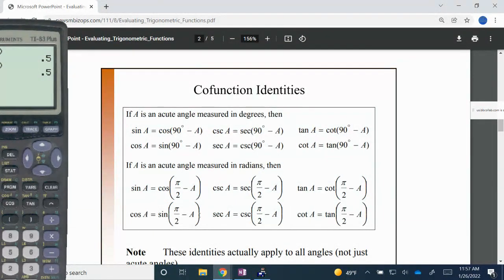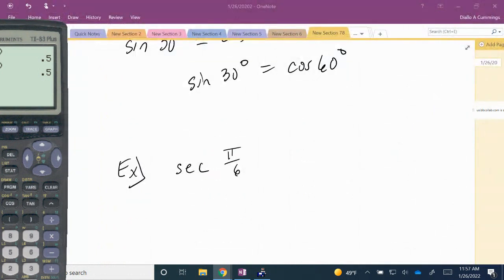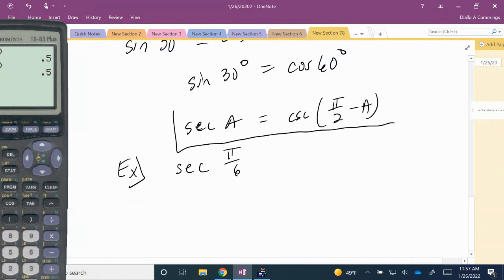It says that the secant of A is equal to the cosecant of pi over 2 radians, which is 90 degrees, minus A. So in this formula, I'm going to substitute A for pi over 6.